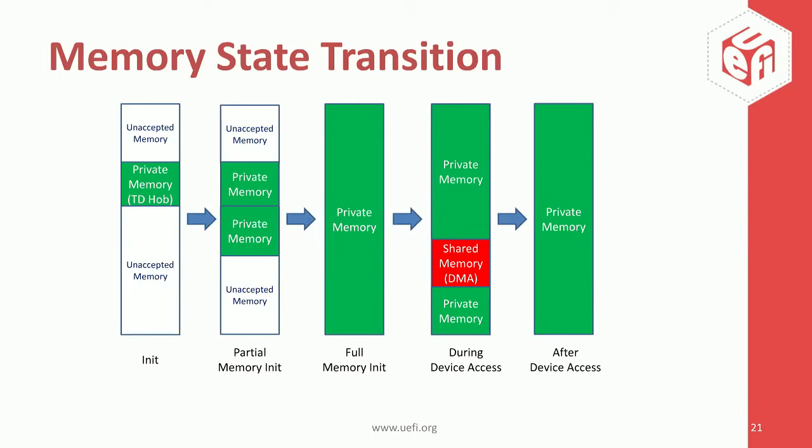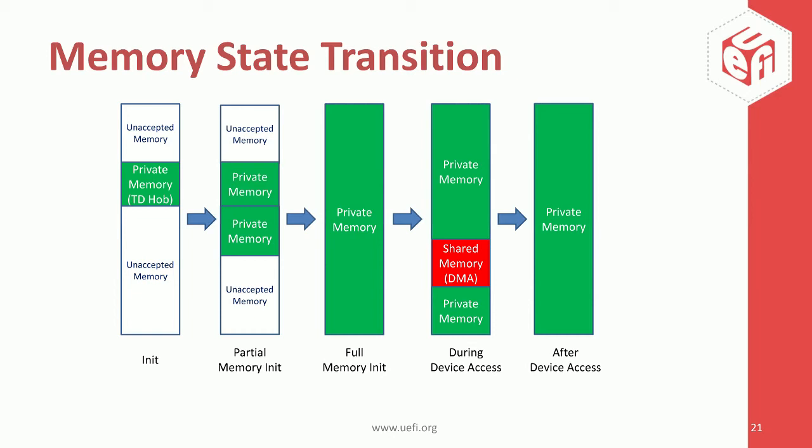And here's a figure of the memory state transition during boot. First, the VMM adds a minimum private memory to a TD, including TD HOB, TDVF code, and a small amount of memory for stack or heap. Second, TDVF may set up more private memory and continue to run the whole system into the UEFI environment. Third, the TDVF may choose to initialize all TD private memory.